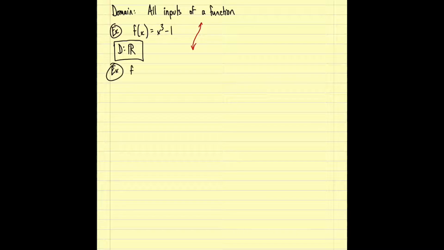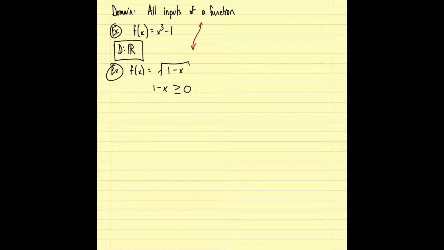So if we go to another one, f of x equals the square root of 1 minus x. So it's a radical, so we know we can't have negative numbers under there. We can have 0. So instead of thinking through that and trying to write it out without actually solving it, the way to do that is just take that outside of the radical and set it to greater than or equal to 0.